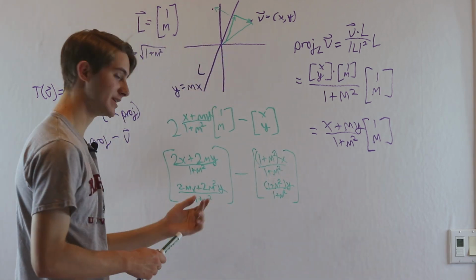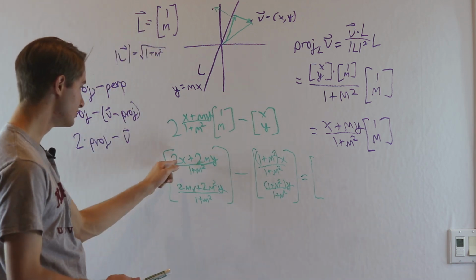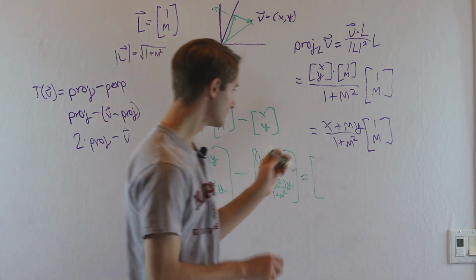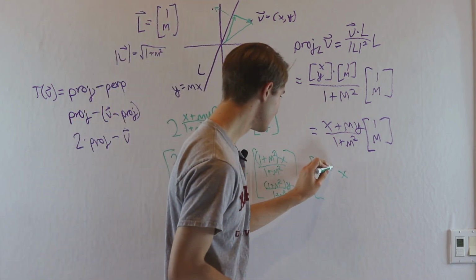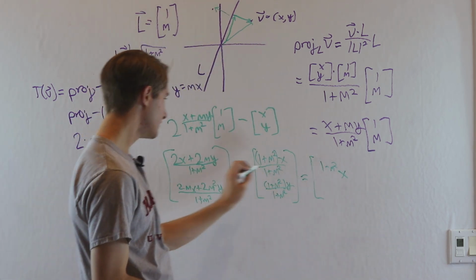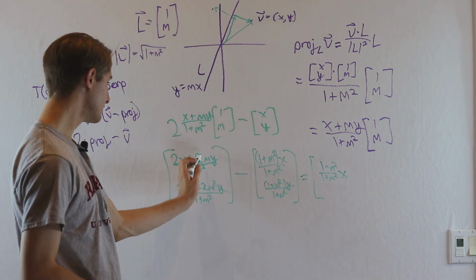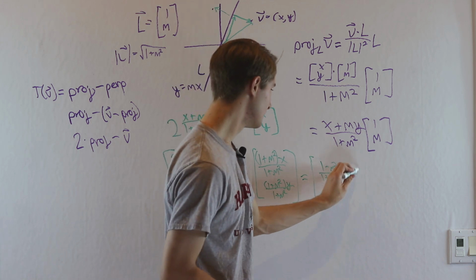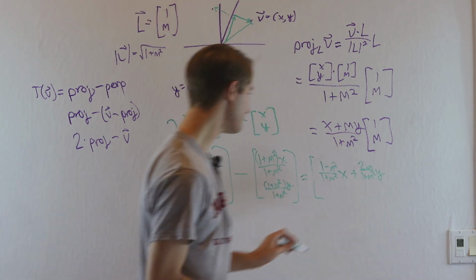Now we want to bring these together. So let's start out by looking at the x's on the top here. We have 2x minus 1x, so that's going to be a 1x, and then we have minus m squared x. And then we're going to divide by 1 plus m squared here. And then on the top, the only y is going to be this 2m over (1 plus m squared) y.